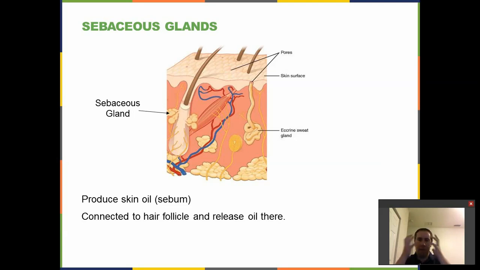We have a lot of them on our face and not that many on places like our arm. So sebaceous gland, like I said, makes the skin oil, and like the apocrine sweat gland, dumps its secretion into the hair follicle. And so this oil is going to come up through the hair follicle onto the surface of the skin. They do not have their own pore. The technical term for the skin oil is sebum.